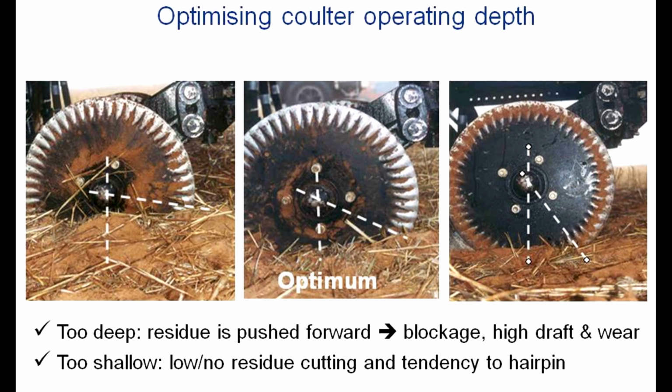If you go too deep, which is often what you need to do to have enough resistance of the soil to cut through residue, you also tend to push residue forward a lot more and accumulate and block the disc. So in between is where the optimum lies, and that optimum is different for different styles and also different diameters of discs. So that's a quick wrap up of these issues.